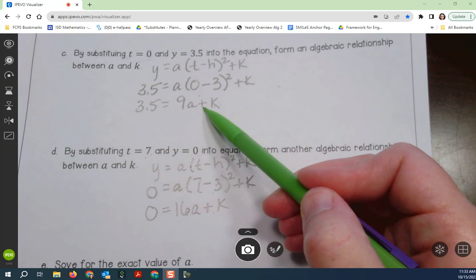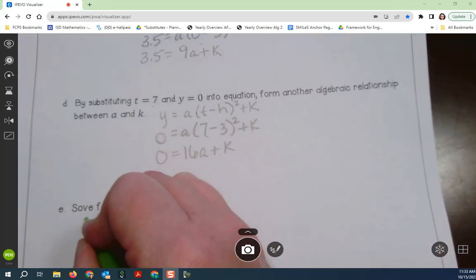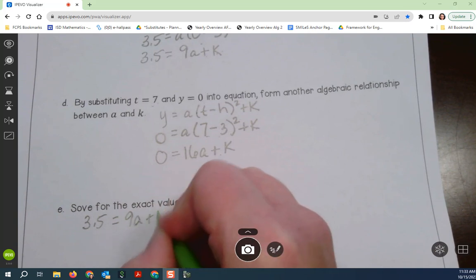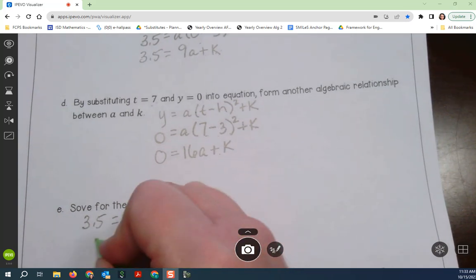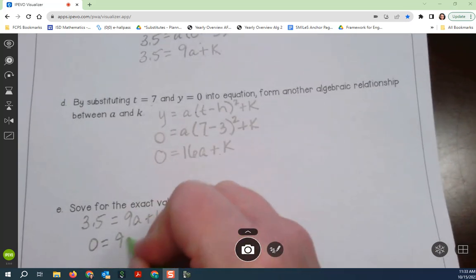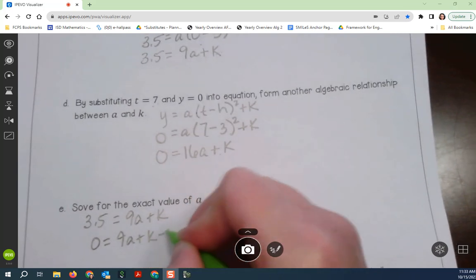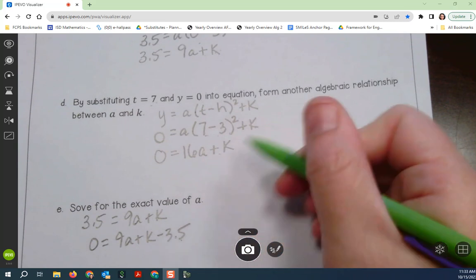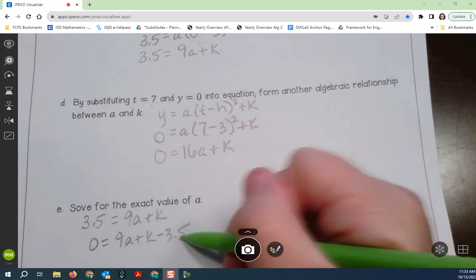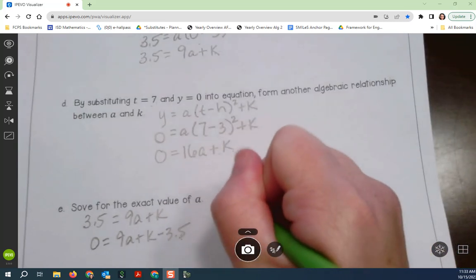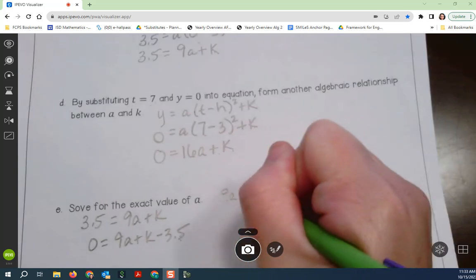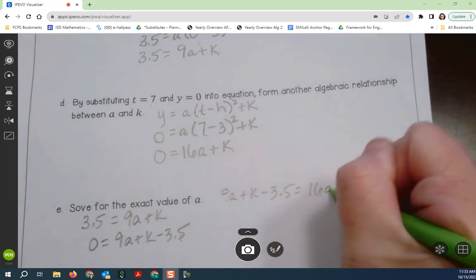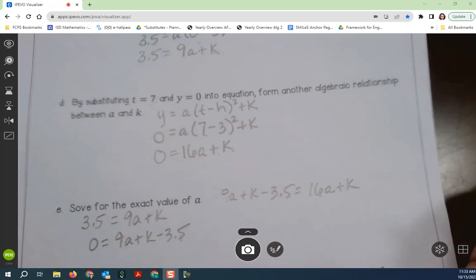So I'm going to take this first equation, and I'm going to subtract 3.5, so I get 9a plus k minus 3.5. So now this equation equals 0, and this equation equals 0. So now they can equal each other. So I have 9a plus k minus 3.5 equals 16a plus k.